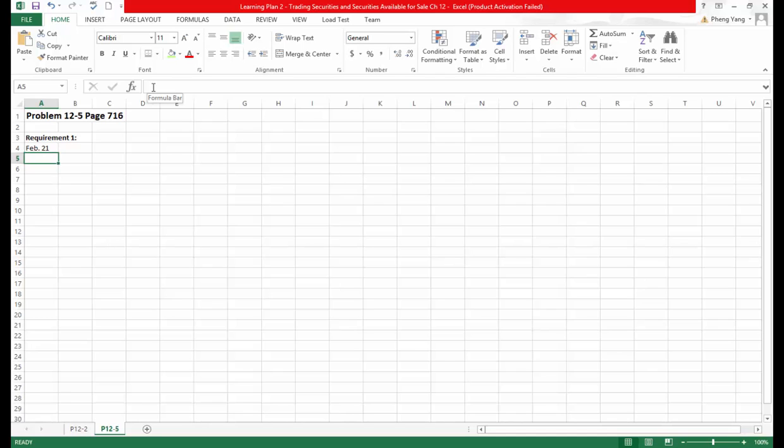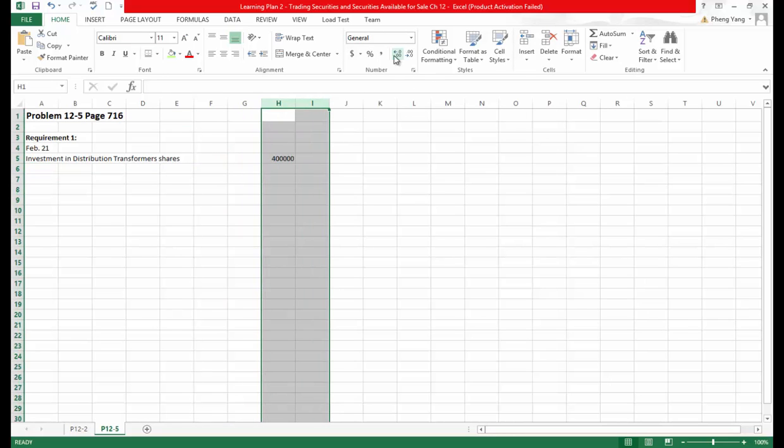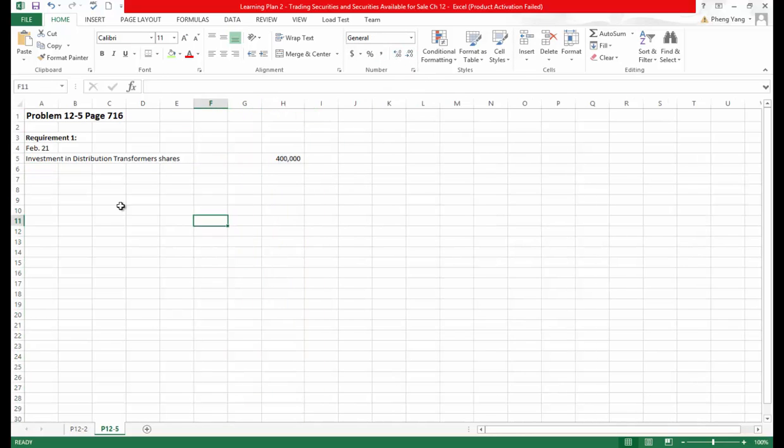They acquired Distribution Transformers Corporation common shares costing $400,000. So we can debit investment in Distribution Transformers shares in the amount of $400,000. And we can credit cash because it looks like we paid cash. You can assume we paid cash since they didn't state anything else.